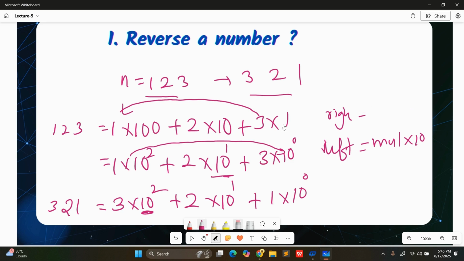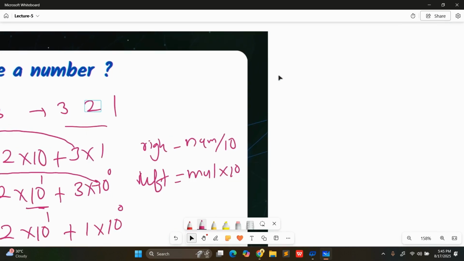So that is the core and basic mathematics that is happening behind this logic. You are simply doing number by 10, right? So this is how we can visualize that we are simply shifting 1 to the right side and 3 to the left side. And if you take a bigger number, we'll get more idea about this.